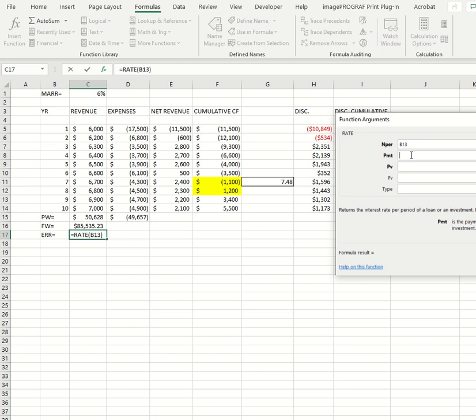We don't have the payment, we have the PV, and that's going to be the PV for the expenses. And for FV, we're going to use the FW for the revenue. That's how it's a little different. We had to break it out separately instead of what we did on the first video.